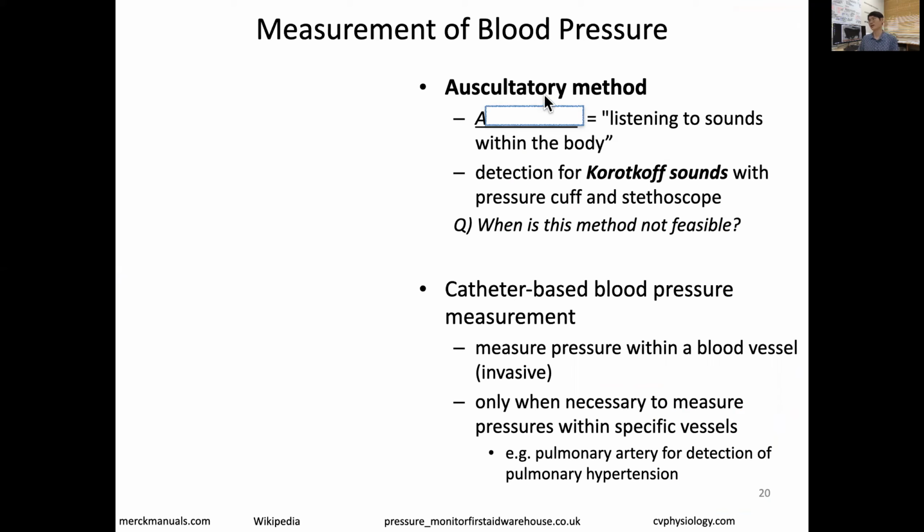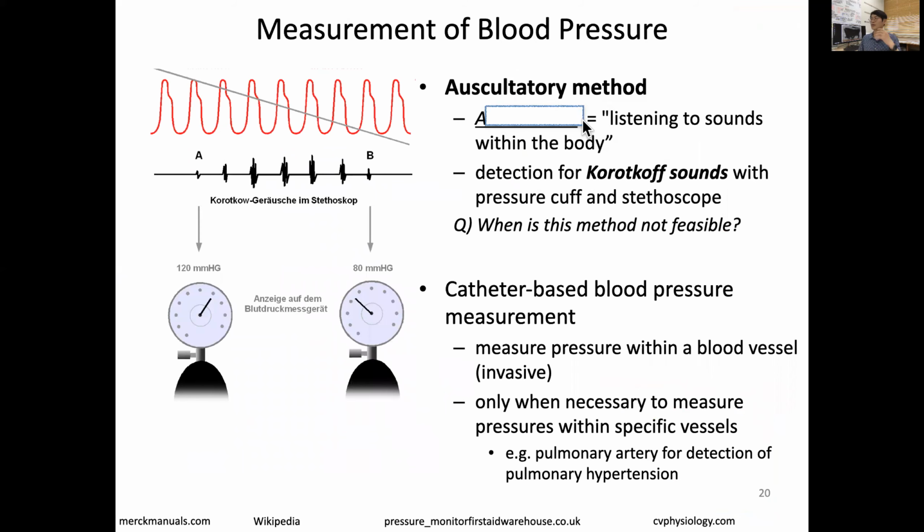Traditionally, this is called the auscultatory method, and auscultation means listening to sound within the body. Remember, with a pressure cuff, you release the pressure, shown as the gray line over time, and the red is your arterial blood pressure.